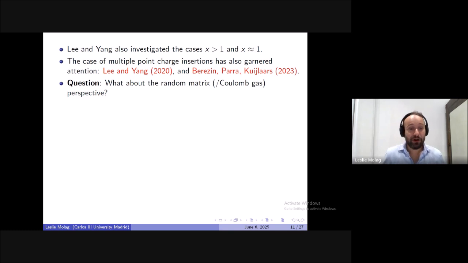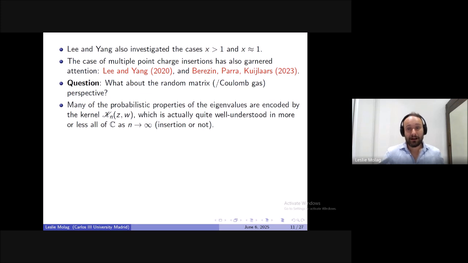So far, I've shown you the results on the orthogonal polynomials, but as I told you, there's also a random matrix or Coulomb gas interpretation. So what can we say there? Well, the eigenvalues are essentially encoded by this kernel Kn, and this is actually quite well understood.